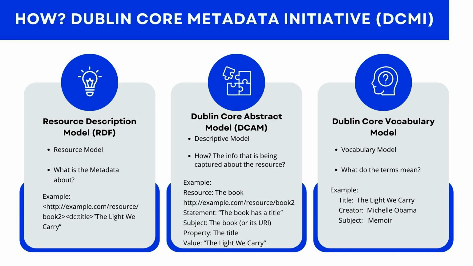The descriptive model addresses the methodology employed in capturing information about the resource, answering the question of how. The vocabulary model, involving controlled vocabularies, is concerned with clarifying the meaning of the terms used in the metadata, addressing the question of what do the terms mean.